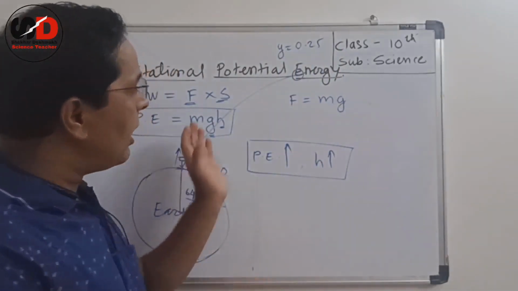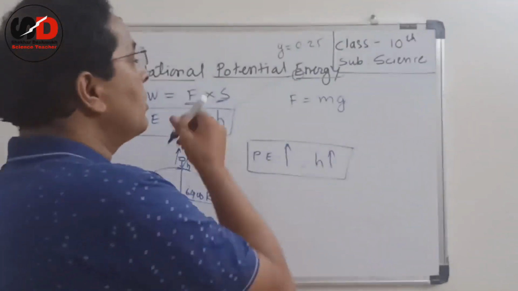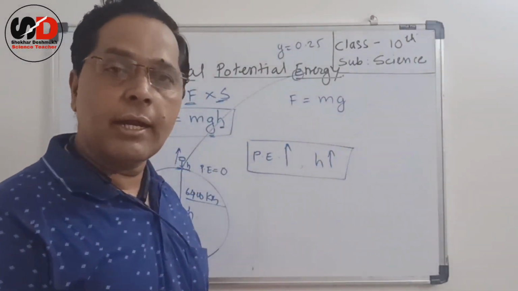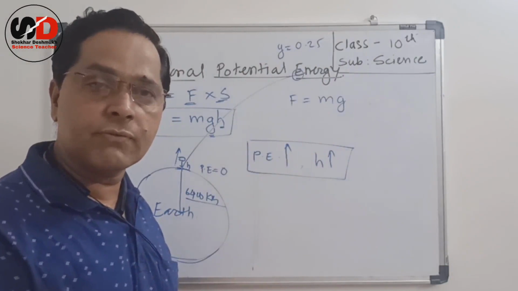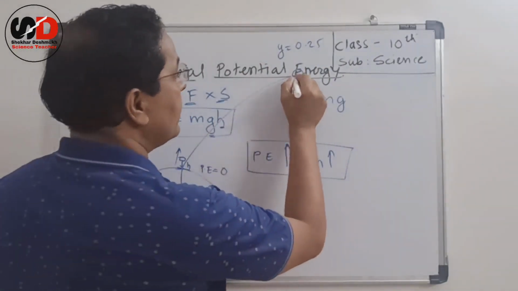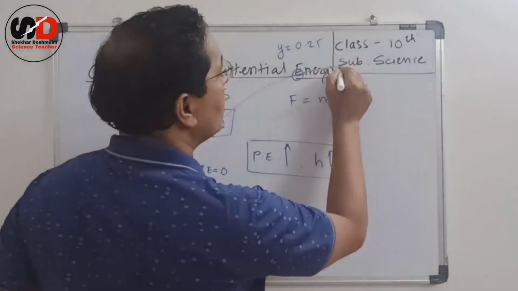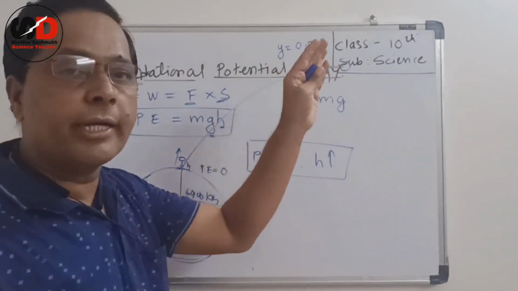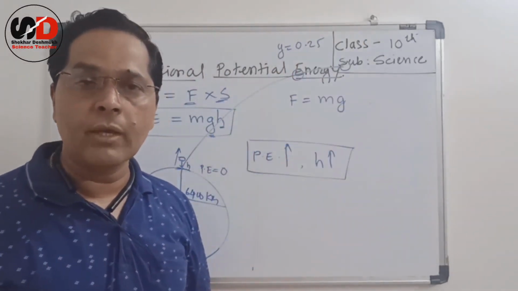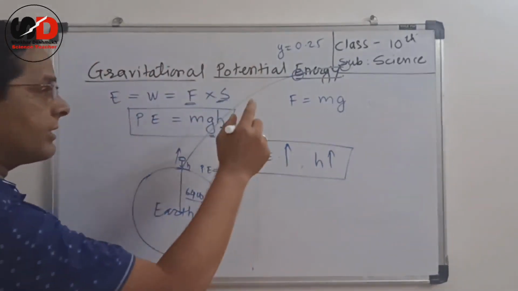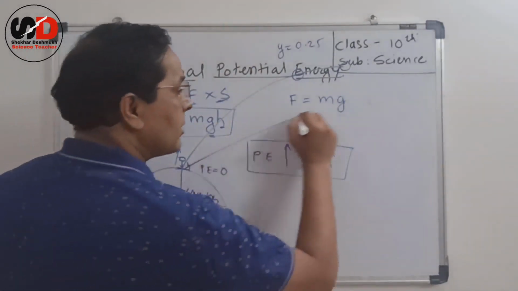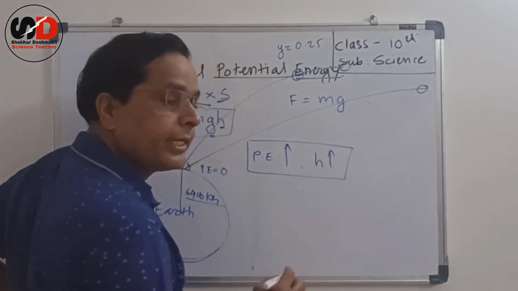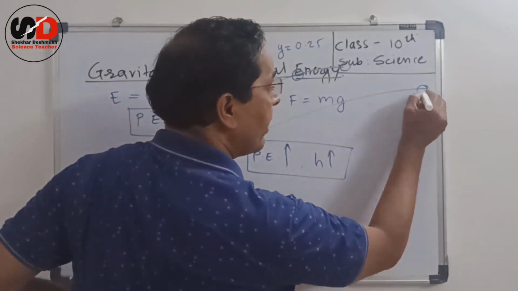If we go at some more large distance, then the value of g goes on decreasing continuously. And at infinite distance, suppose here it is the distance, it is infinite distance.